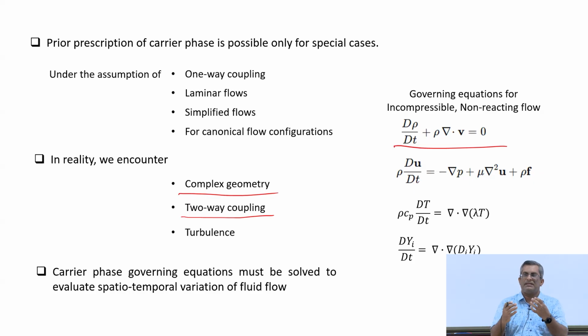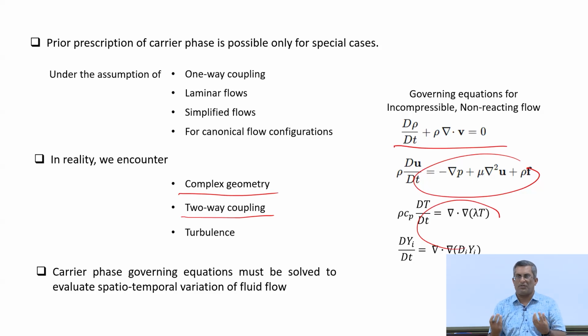And particles offer drag force on the carrier phase also. It is not like only the carrier phase would drag the particles. The particles would also apply an equal force, Newton's third law, on the fluid. So this has to be modified. Similarly, when you have heated particles or any kind of heat transfer between the two phases, that also must be accounted for. So this means that the same equations we cannot use.